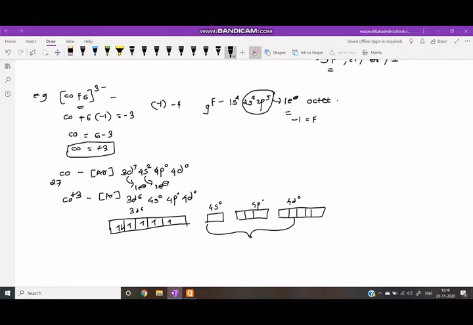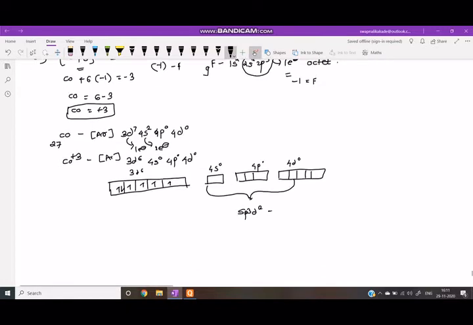These 6 orbitals overlap and form sp3d2 hybrid orbitals, and these 3 empty orbitals are remaining.